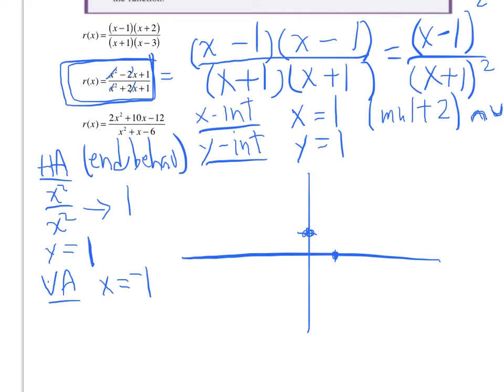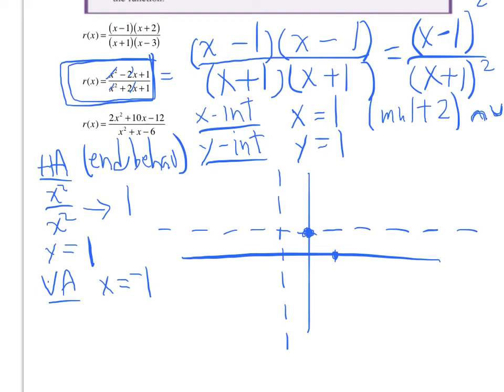That's also a horizontal asymptote at y equals 1. So this is one where the graph actually intersects a horizontal asymptote, which can happen. Graph can intersect a horizontal asymptote, but cannot intersect a vertical asymptote. The vertical asymptote is x equals negative 1. Here's negative 1, so we'll sketch in the vertical asymptote right there.